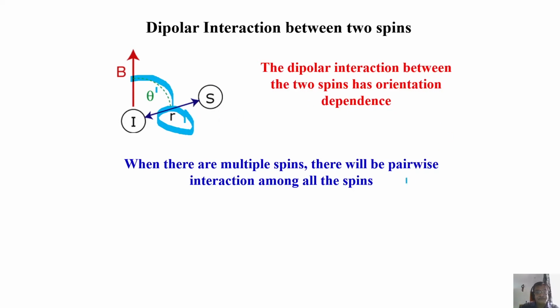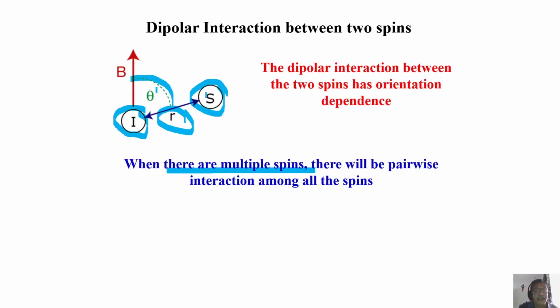But in a given molecule, when there are multiple spins, n number of spins, I have taken only 2 spins here. If I take 30 or 40 spins, or any number of spins, each spin can have a dipolar interaction, a dipolar coupling, with other spins, because dipolar interaction does not need a chemical bond. Dipolar coupling is a through-space interaction.